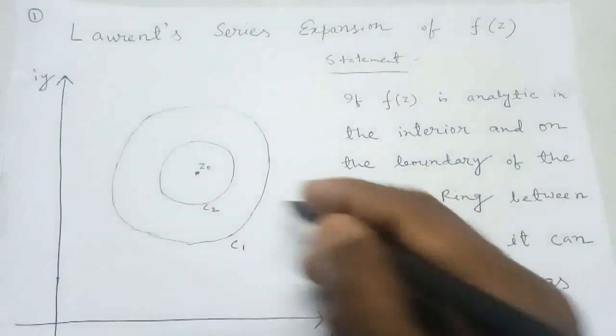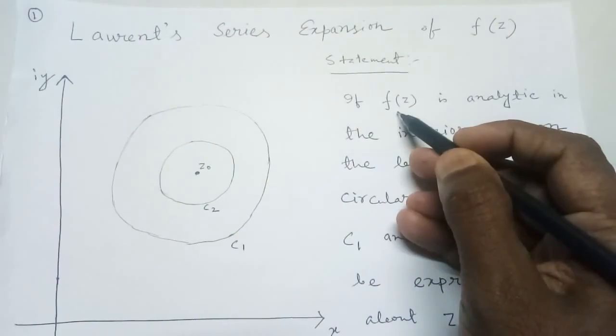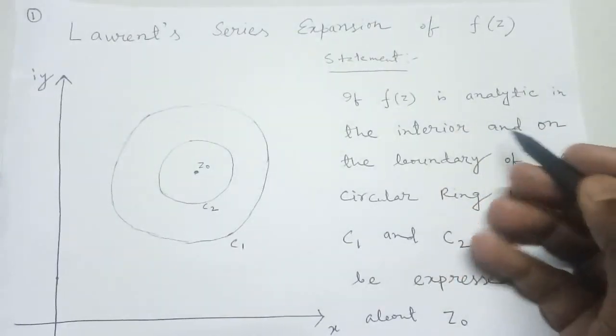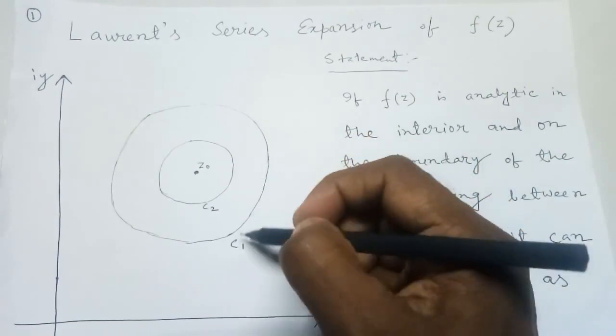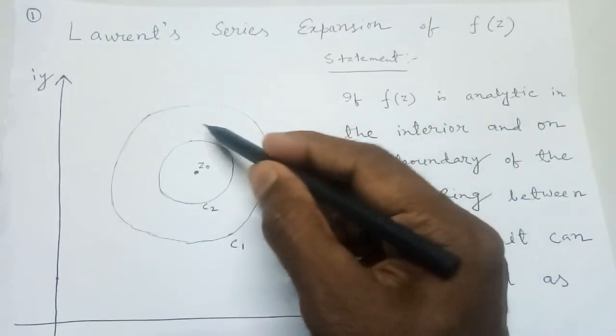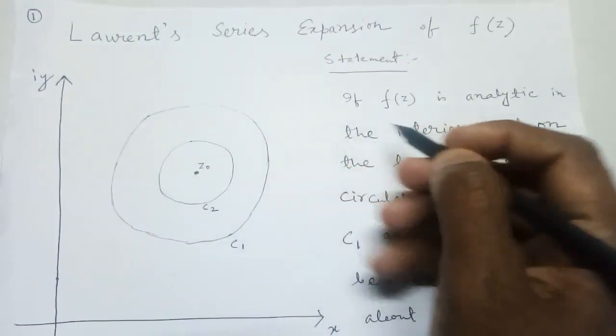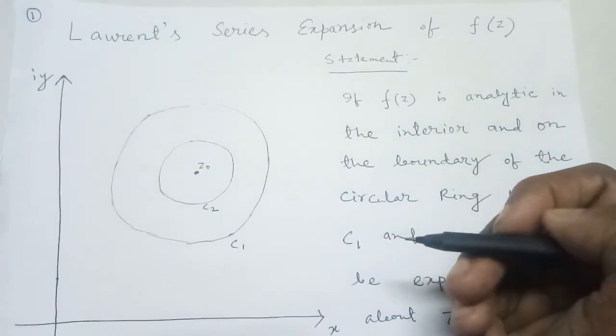And also we consider a complex function which is only analytic in this region, in between the region C1 and C2. In this region the function of z is analytic.